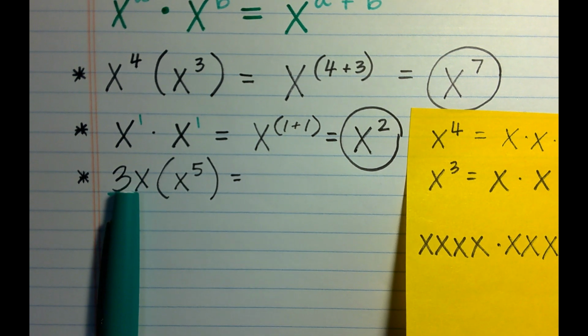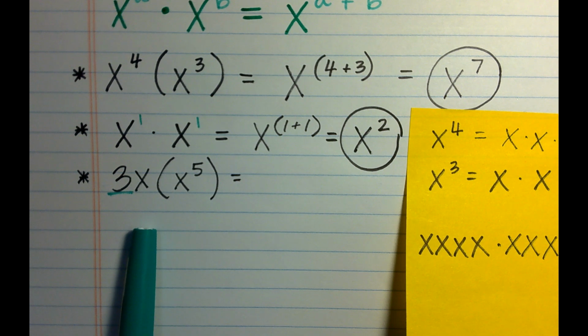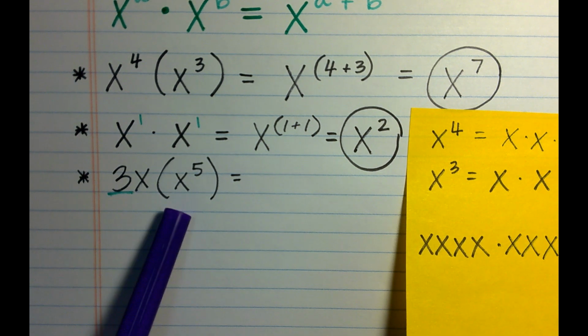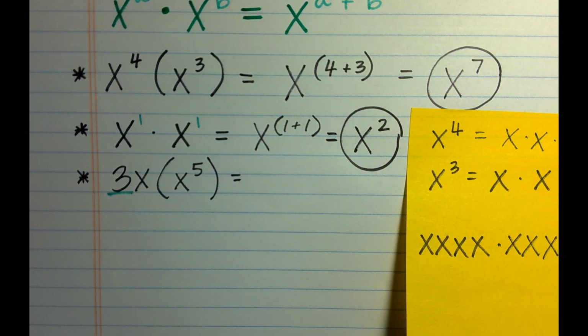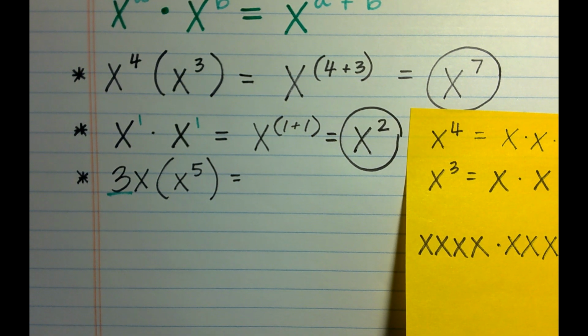Okay. Does anybody know how we could solve this one? We're distributing. I'm taking 3x times x to the 5th power. We're multiplying. So what am I going to do? 3 times 1 is 3.